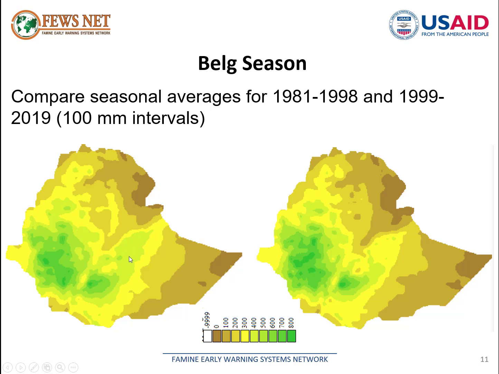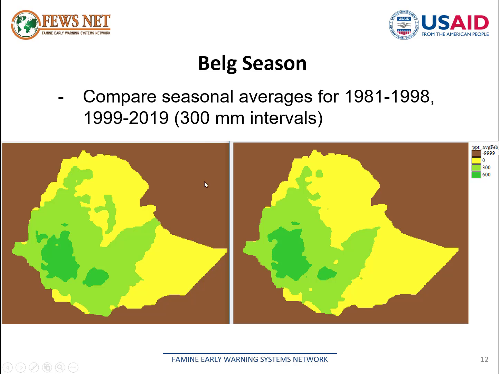The area of the 400s is shrinking even more. The area of 300s has disappeared right here. So this is clearly showing us that there is some change in the rainfall for that season, for the February to June period.